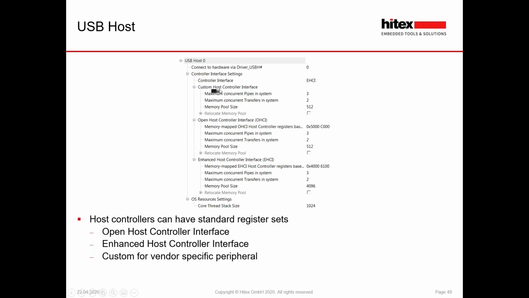And this will be modified depending on the microcontroller that you're using. Up the top here, we decide which part of this is active by choosing the register set that we're going to use. Then we can put in the base address of the host peripheral and fill in the features necessary for our system: the number of pipes, number of concurrent transfers in the system, size of the memory pool, etc.